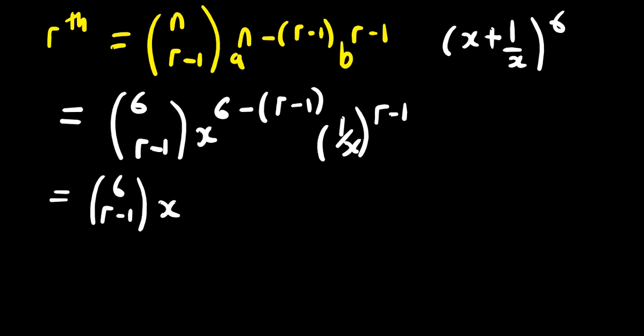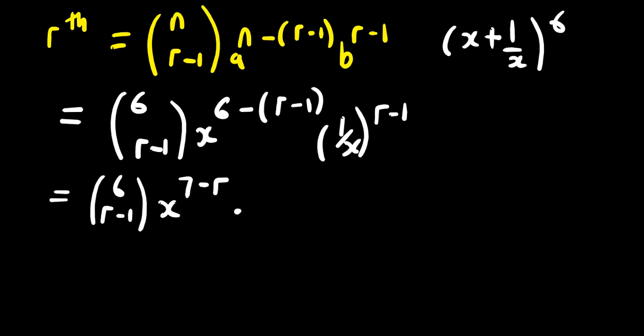If I distribute that, I'm going to have 6 minus r plus 1. Then 6 plus 1 just gives me a 7. So on top I'm going to have 7 minus r, so it will be x to the power 7 minus r.